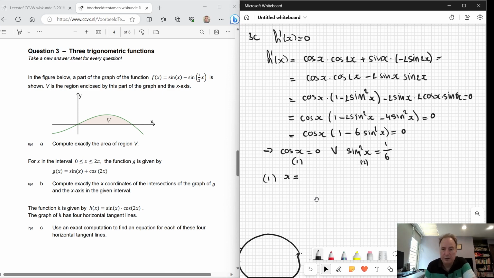Oh, that's not a success. Let me see. So the cosine is 0 and the projection on the x-axis, so you're really looking at here. So that means x is 1/2 pi plus 2k pi. Well, we can just say plus k pi because it happens here too. It happens like this.